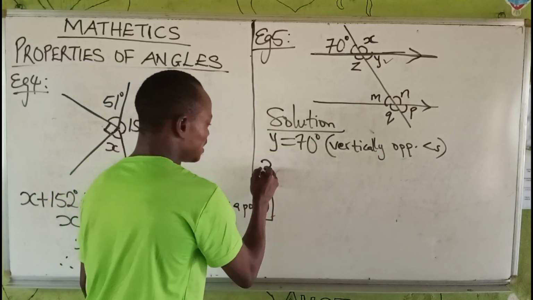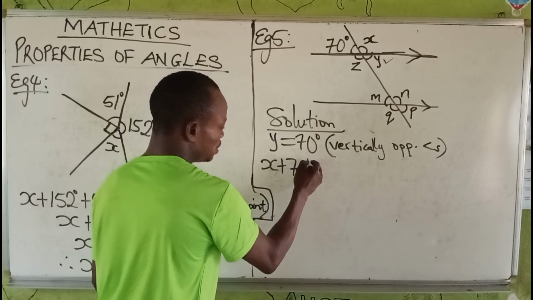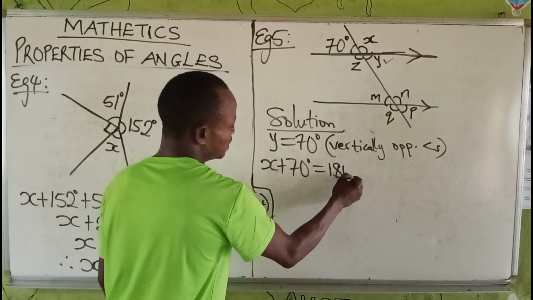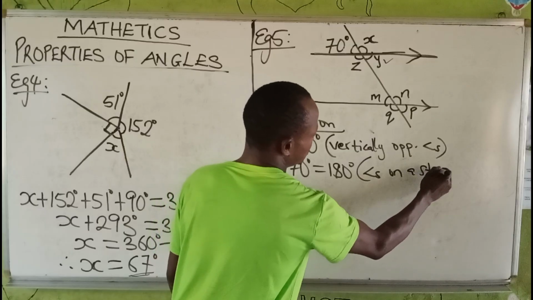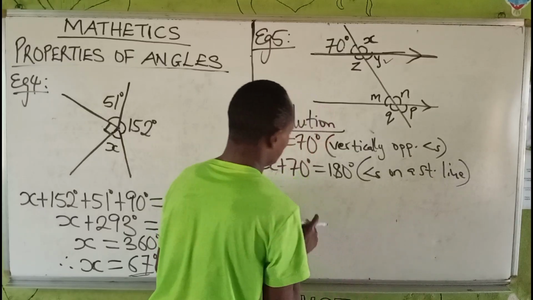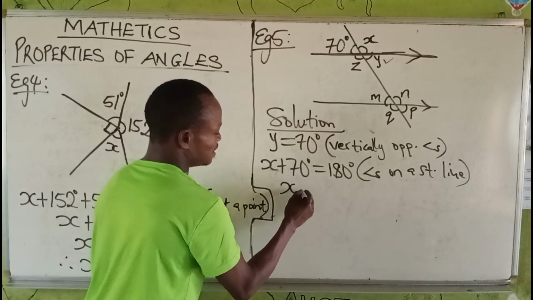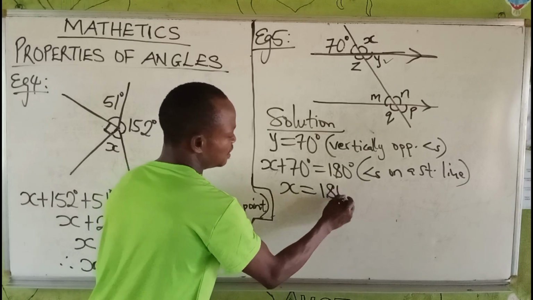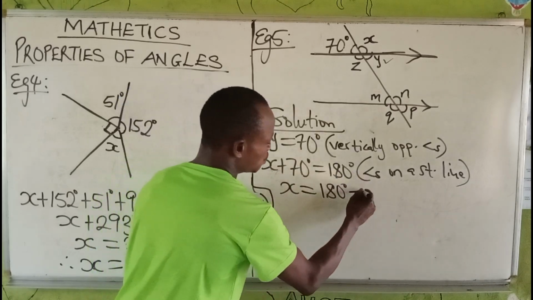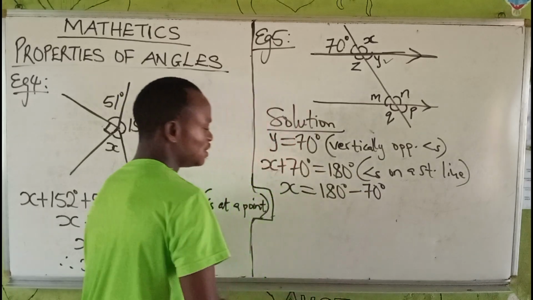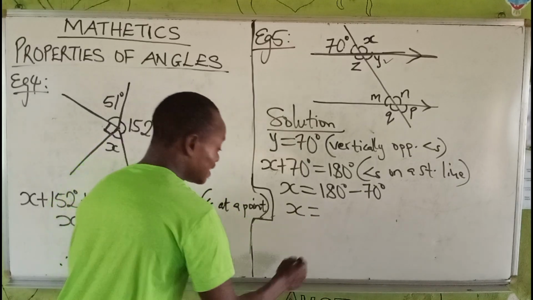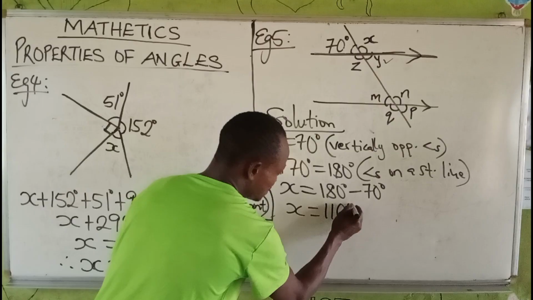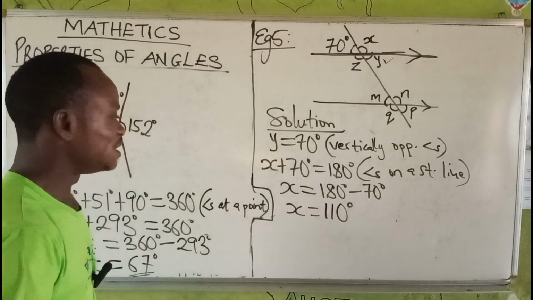So we have here x plus 70 degrees equal to 180 degrees. Reason is angles on a straight line. Now, that means our x here is equal to 180 degrees, plus 70 coming this way is minus 70 degrees. 180 minus 70 will give us 110. That means angle x is equal to 110 degrees.